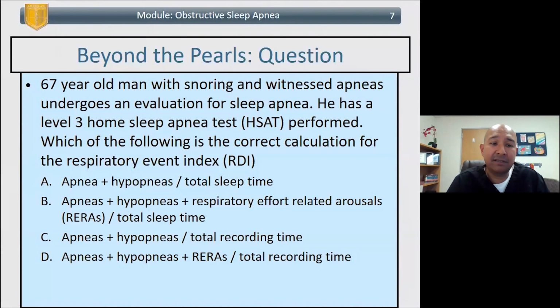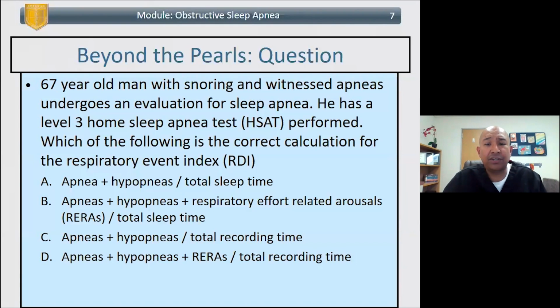What about this one? A 67-year-old man with snoring and witnessed apneas undergoes evaluation for sleep apnea. He has a level 3 home sleep apnea test, HSAT, performed. Which of the following is the correct calculation for what they call the respiratory disturbance index or the respiratory event index?